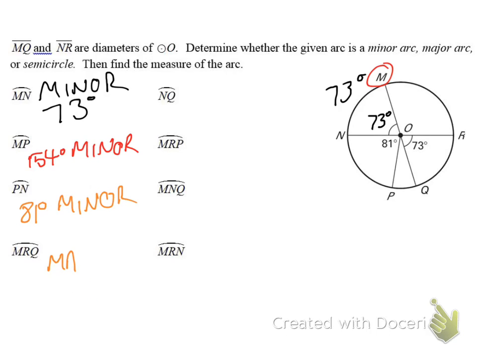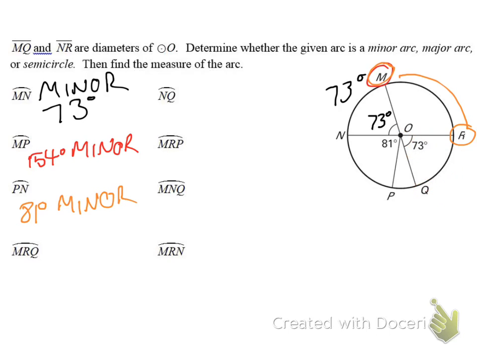So let's go ahead and look at MRQ. I'm going from M to R to Q. That's going to be 73 plus whatever this angle is over here.